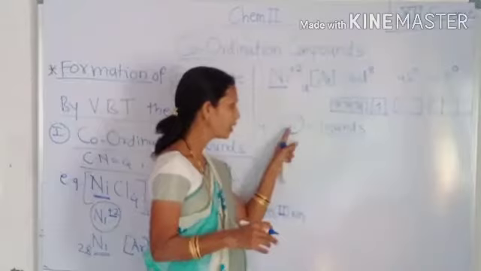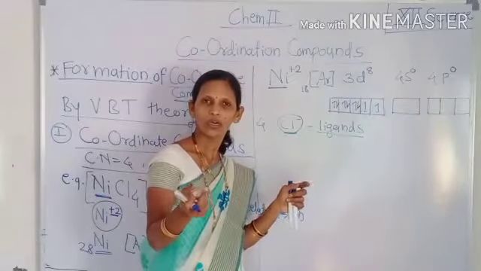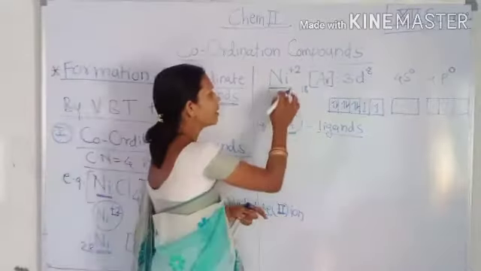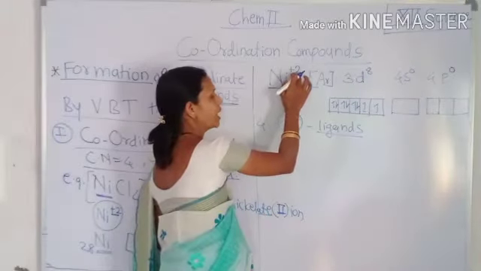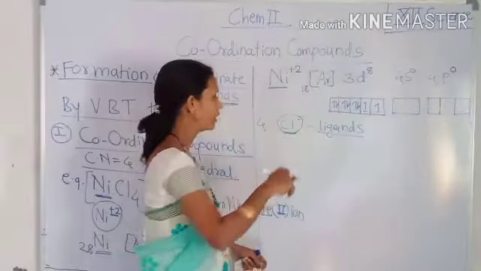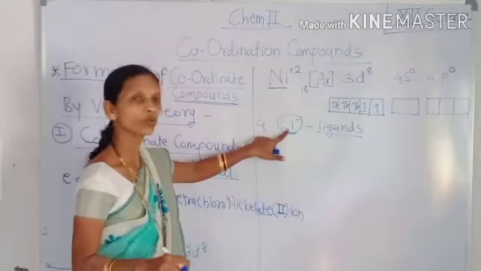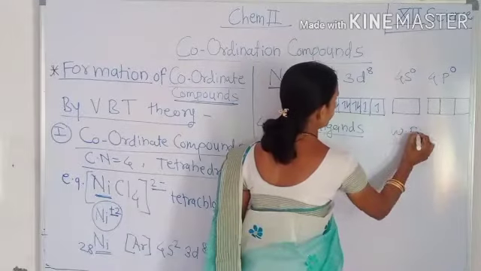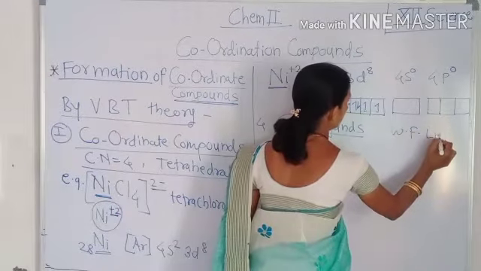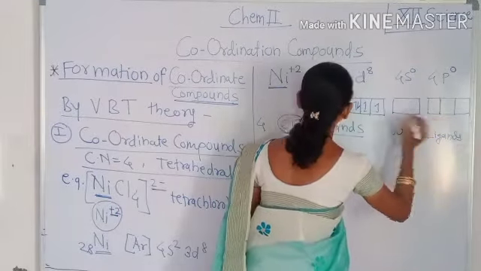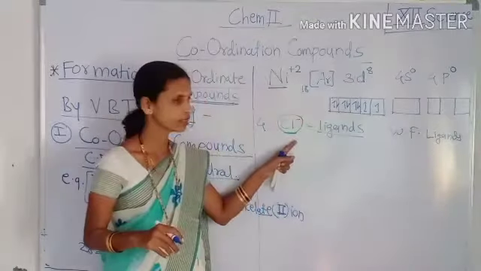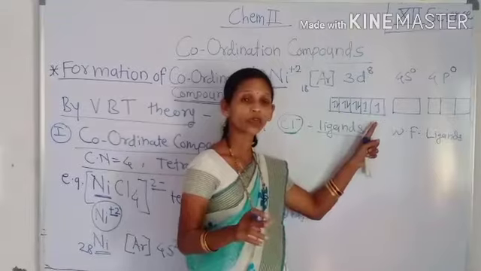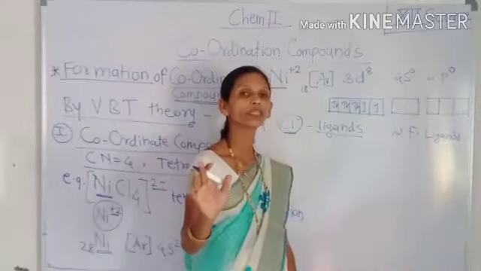And see here, when the chloro ligands approach the central metal ion Ni2 plus, the chloro group is a weak field ligand. Therefore, pairing of electrons does not take place.